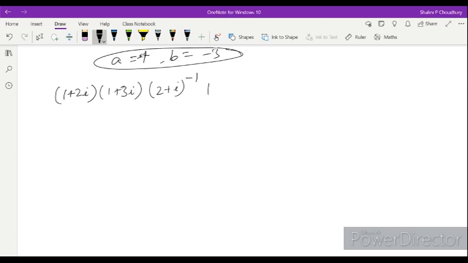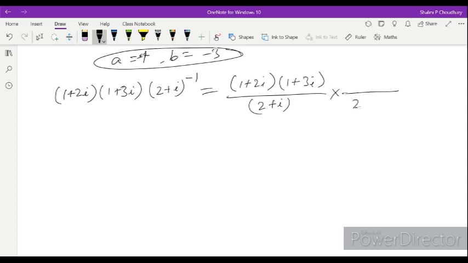This will be equal to, this is the power minus 1, which means it can go to the denominator. So 1 plus 2i into 1 plus 3i divided by 2 plus I. So for 2 plus I, we write the conjugate 2 minus I, and multiply this.